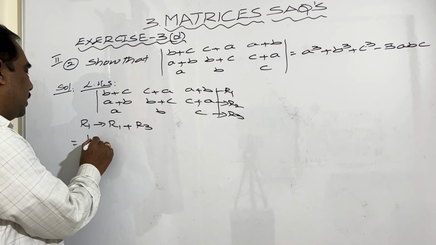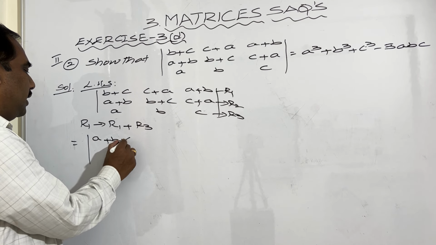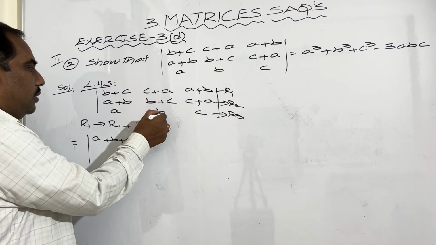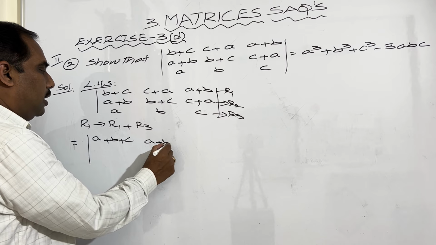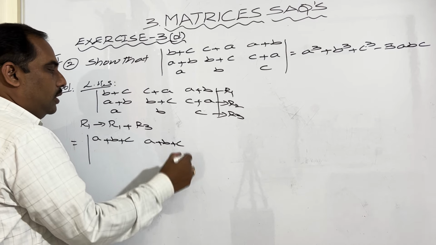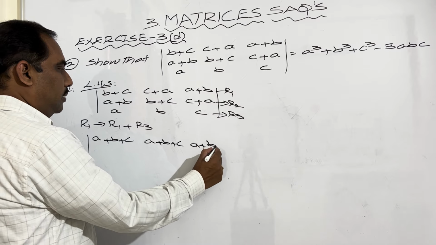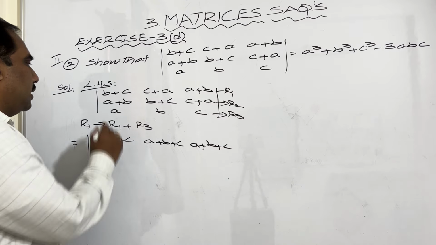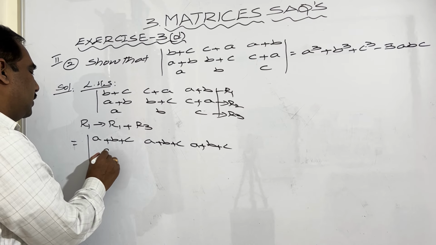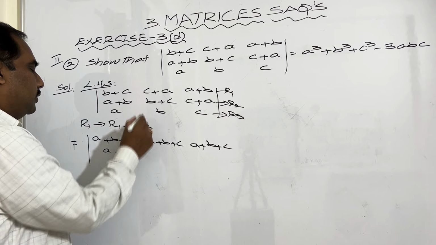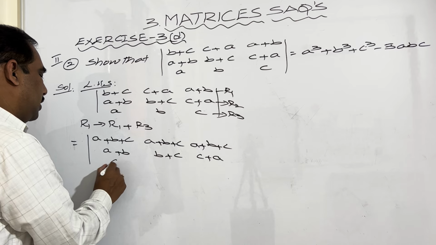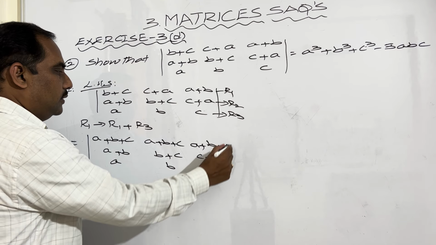So we get A plus B plus C here; also C plus A and B both added give A plus B plus C; here A plus B is already there and in R3 we have C, so we get A plus B plus C. The second row I write as it is: A plus B, B plus C, C plus A, and the third row also as it is: A, B, C.